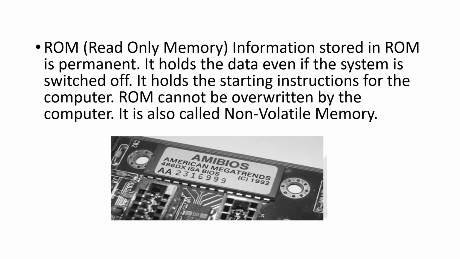It is also called non-volatile memory. So the difference between the RAM and the ROM: it holds the data even if the system is off. Whether you turn the computer on or off, the ROM is still there and cannot be overwritten.